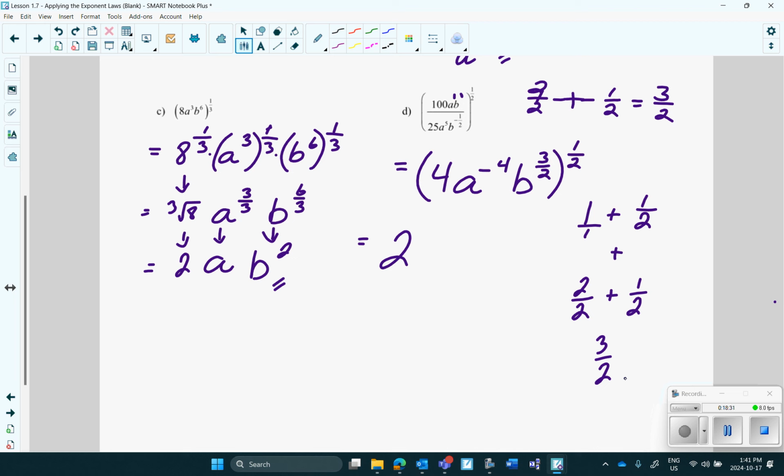Now I have to multiply these exponents. Well, make that over 1. What do you get for the a's? -4 over 1 times 1 over 2. I'm doing the a right now.